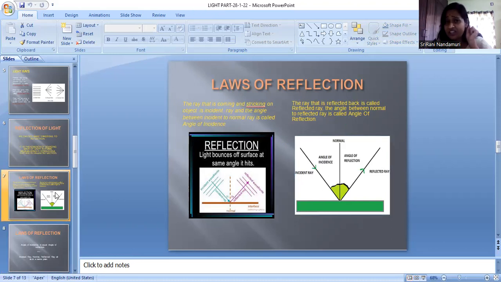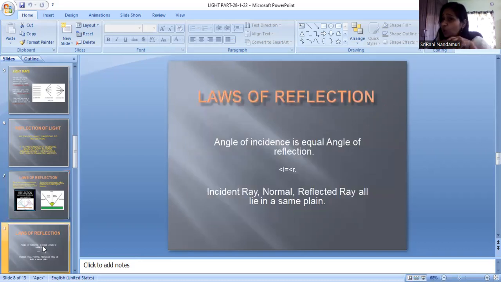Now, there are some laws of reflection. You have to know there are two important laws in reflection. We have already discussed the angle of incidence and the angle of reflection. The first law of reflection is that the angle of incidence is always equal to the angle of reflection. Why?